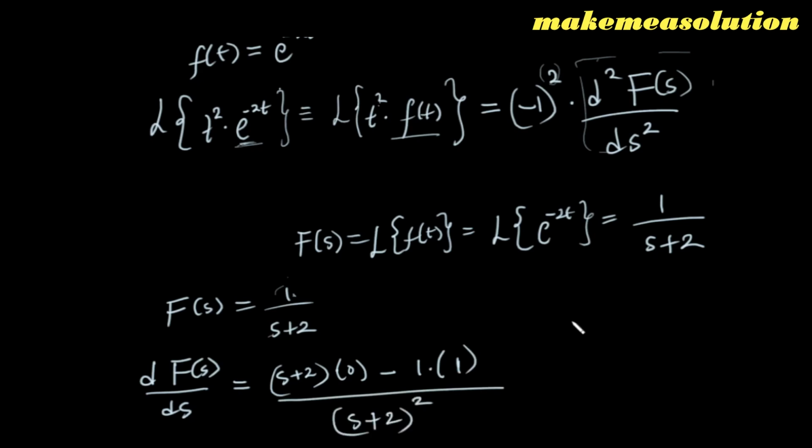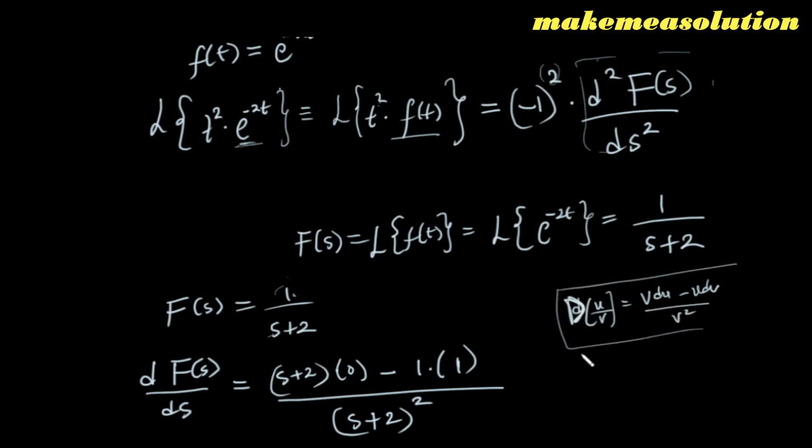Let me just write it. So d of u over v is actually what? v du minus u dv over v squared. So you should remember this.